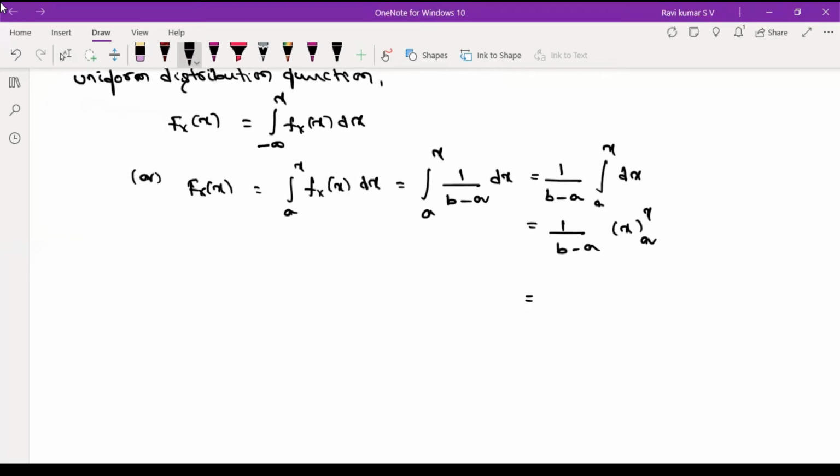Substituting the limits, you get x minus a by b minus a. This is the generalized expression for the uniform distribution function.